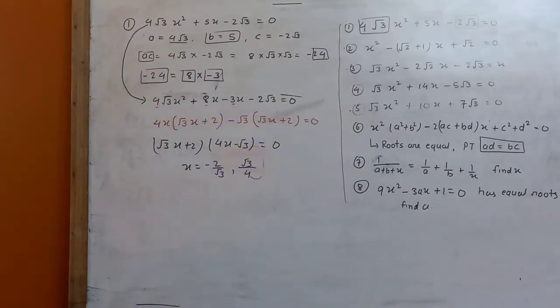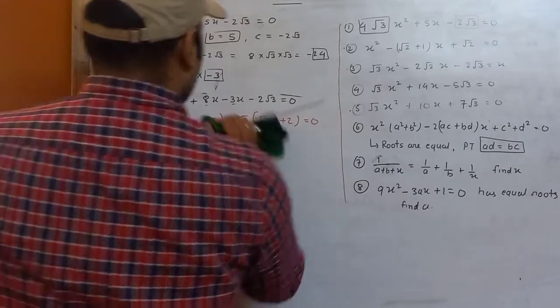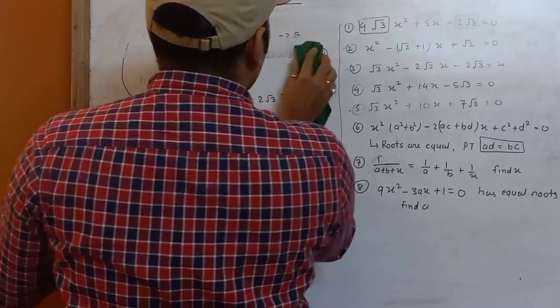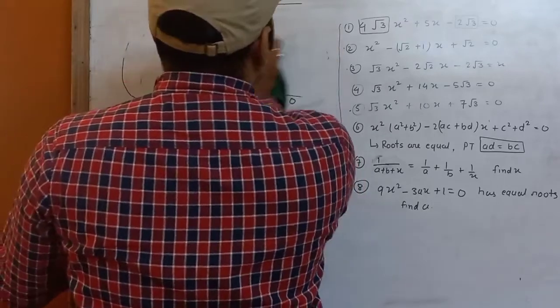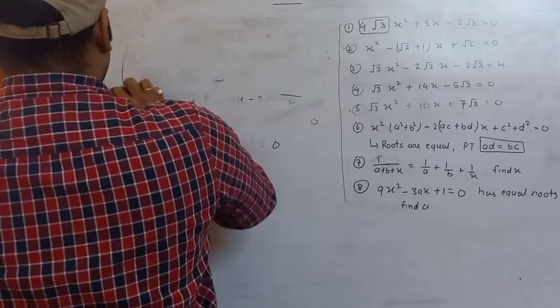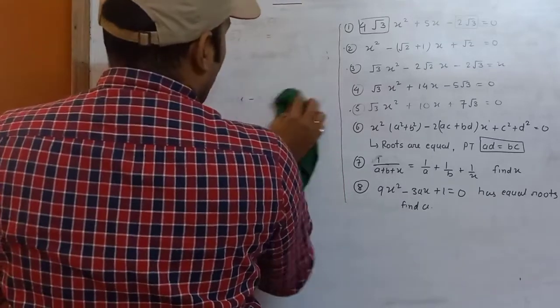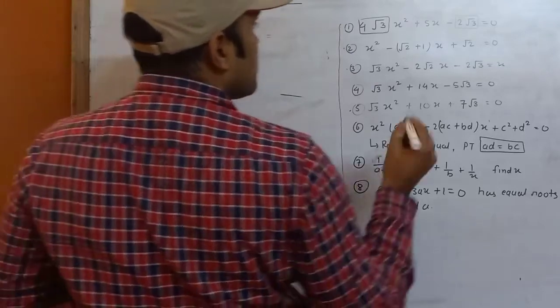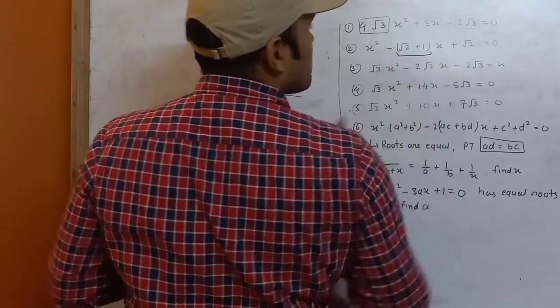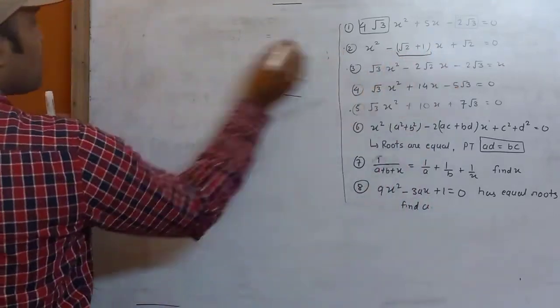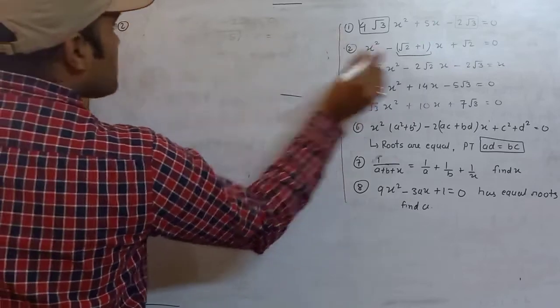Now we will go to the next question. The next question says x square minus root 2 plus 1 x. Here there is a problem when we see the question, but there is a simple solution for this. Question number 2 has a very simple solution.